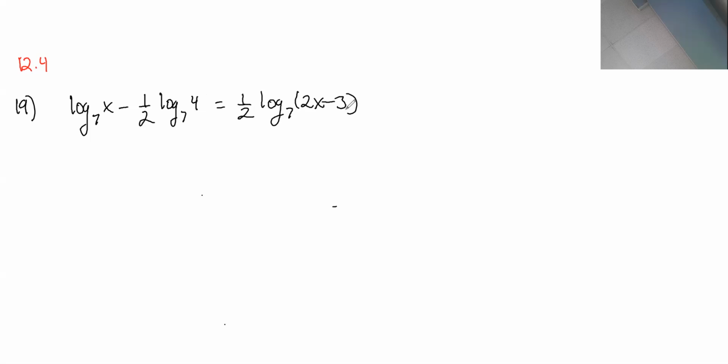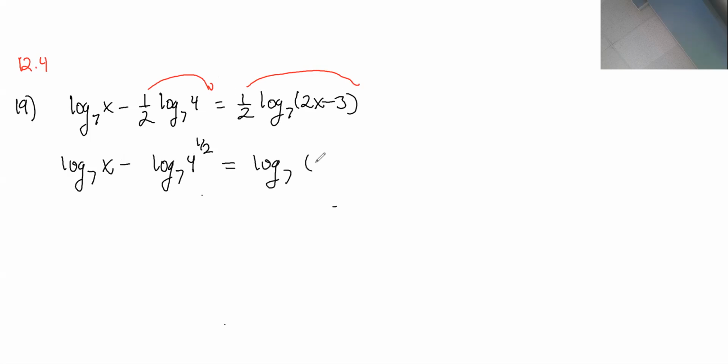And I want to bring my powers up and then condense to a single log on the left-hand side. Okay. Log base 7 of x minus log base 7 of 4 to the 1/2 equals log base 7 of 2x minus 3 raised to the 1/2.